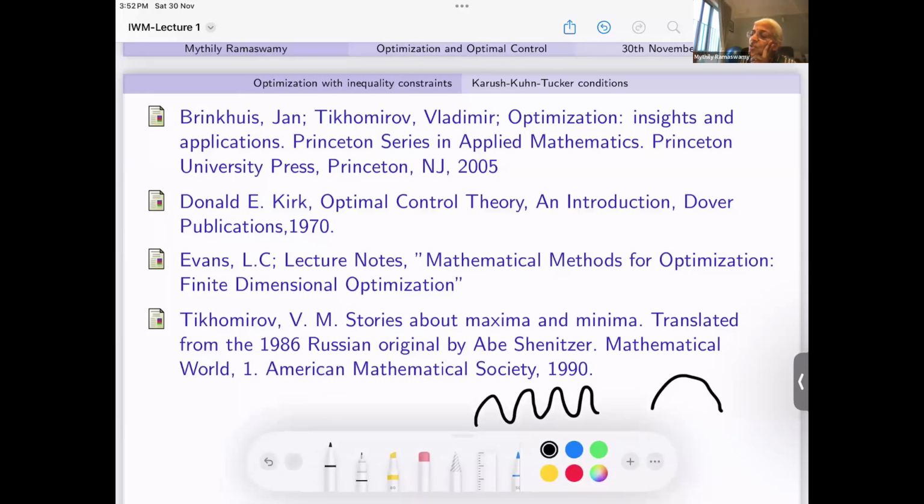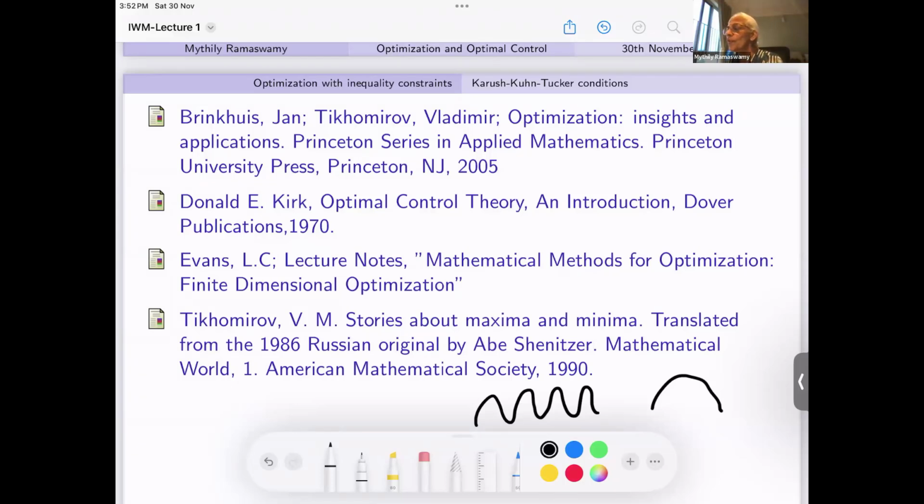He has a whole series of lecture notes, on finite dimensional optimization as well as optimal control and calculus of variations. I have taken many examples from the first one. Then Brinkhuis and Tikhomirov is a very nice, easily followable Princeton University Press book, which I will suggest.